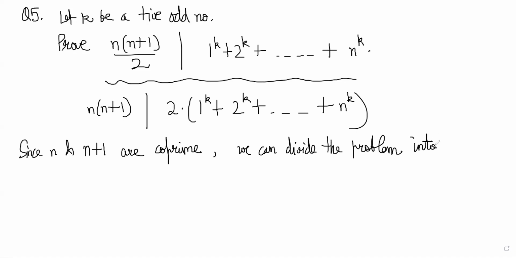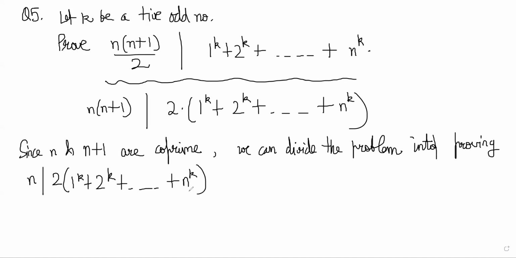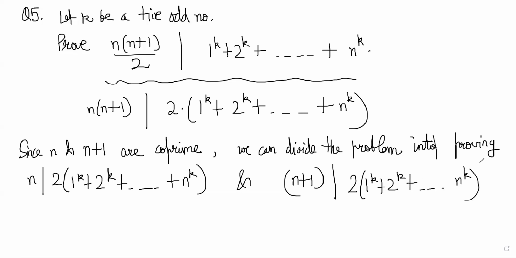Into proving that n divides 2 times 1 power k plus 2 power k till n power k, and n plus 1 divides 2 times 1 power k plus 2 power k till n power k. Only if these two things are true can we show that n times n plus 1 will divide the product of 2 and this sum of 1 power k, 2 power k.